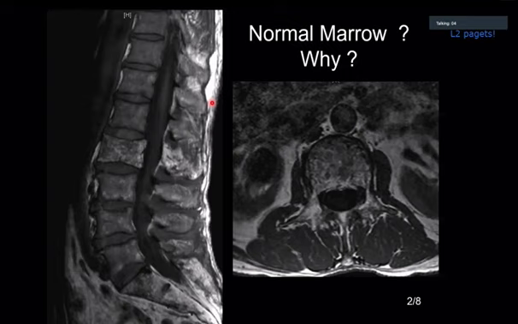In a case of Paget's, my concern would be malignant transformation, which I think would be osteosarcoma, in which case I'd be looking for cortical destruction, breach, soft tissue component, and other features of aggressive bone lesions. Some areas of the marrow here have reduced signal intensity compared to, for example, the adjacent intervertebral disc or muscle.